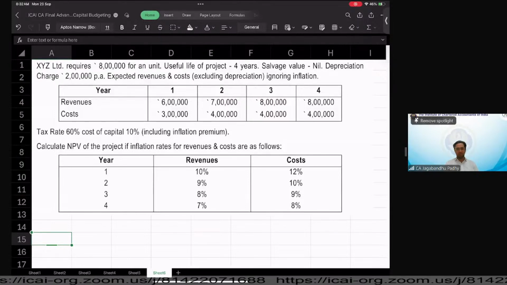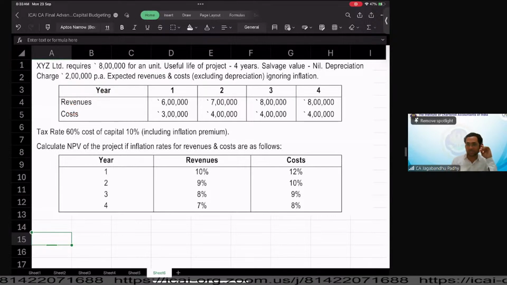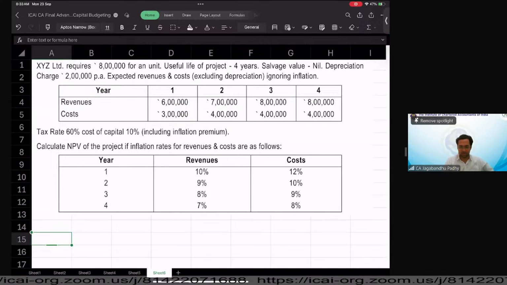Expected revenues and costs, excluding depreciation and ignoring the inflation. The revenues and costs are given in absolute terms, excluding the impact of depreciation. The depreciation is not included in the cost, and also there is no impact of the inflation. So this revenue and cost, can you tell me, are they real rate or nominal rate?